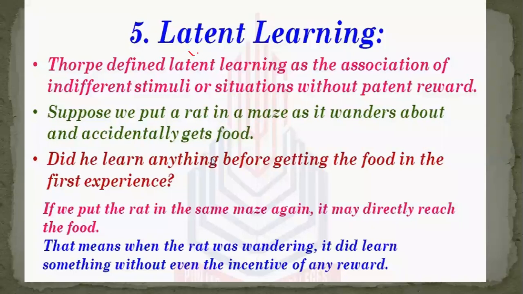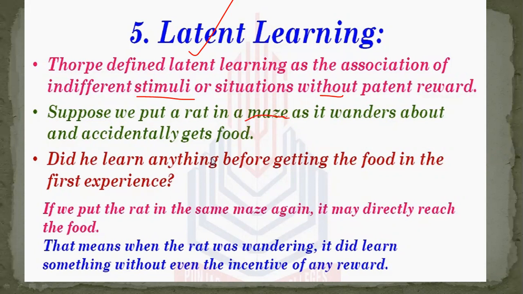Next, we will see latent learning. In latent learning, Thorpe defined this learning behavior as association of different stimuli situations without apparent reward, like no reward is given. Here we can have the example which is done by K. L. Lashley, the experiment of the maze.